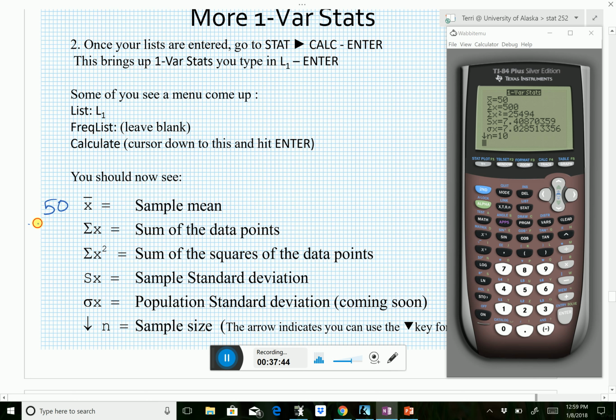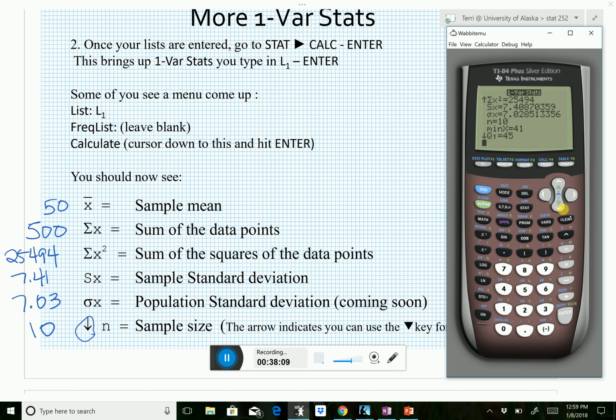Sum of the x's, 500. Sum of the squares of the x's, 25,494. The S, so this is the standard deviation of a sample. This is the standard deviation if it were a population. We'll talk about that in a minute. N is 10. And then the arrow key indicates that you can actually arrow down and see more information.